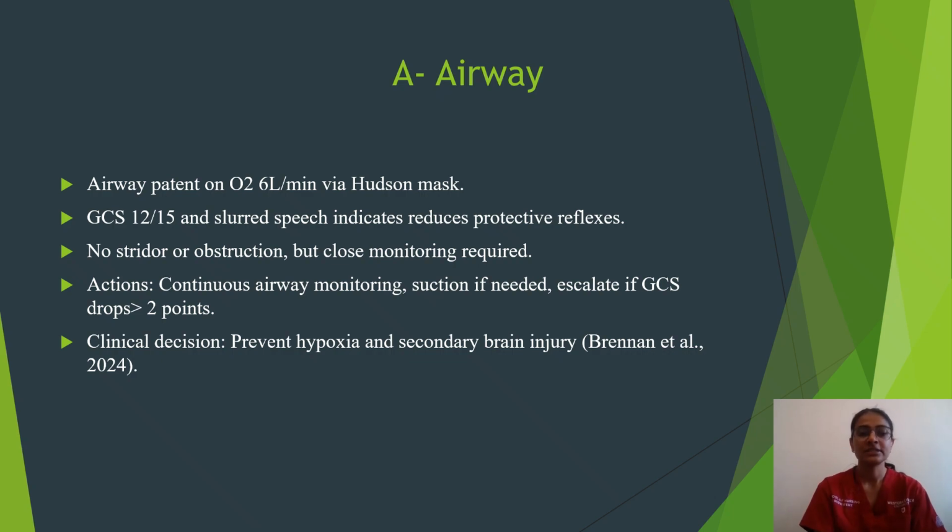Nursing actions are continuous airway monitoring and suction provided if needed to clear the airway, to keep the airway patent and clear for better oxygenation. Escalate if Glasgow Coma Scale drops more than 2 points.